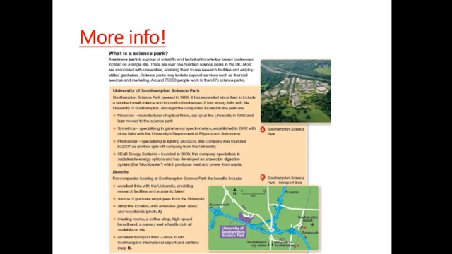So a science park is a collection of high-tech, scientific, knowledge-based businesses that share ideas, share knowledge, share research facilities, and are very much part of this quaternary sector of the economy.